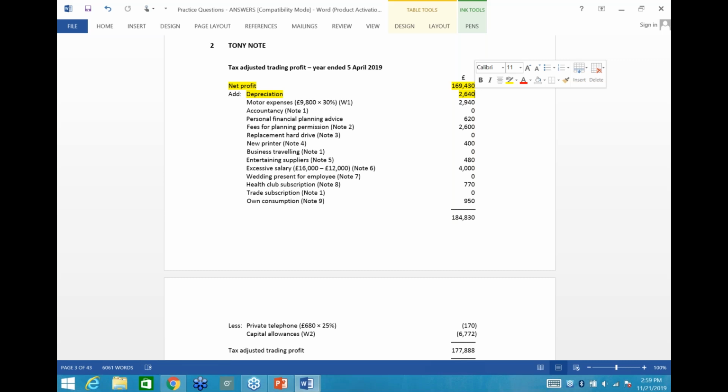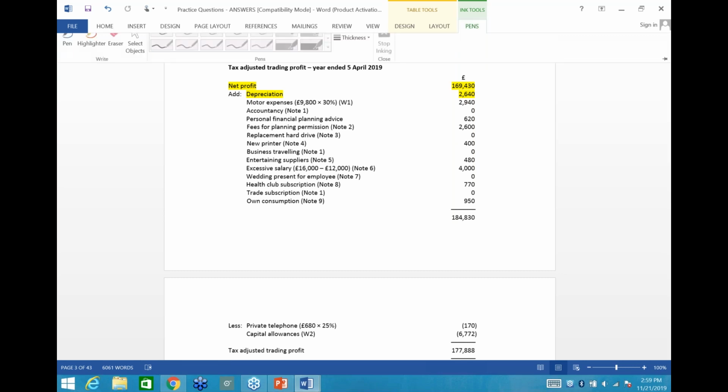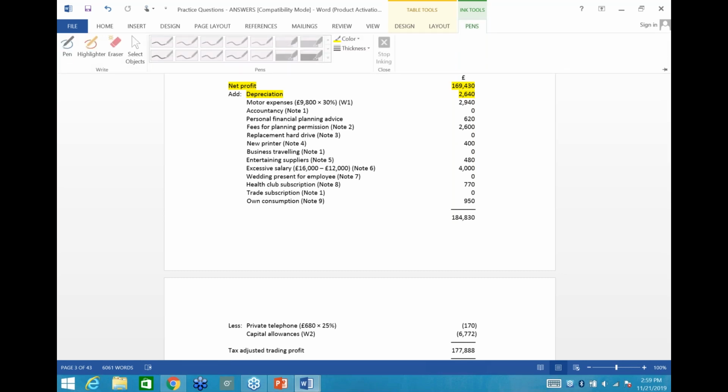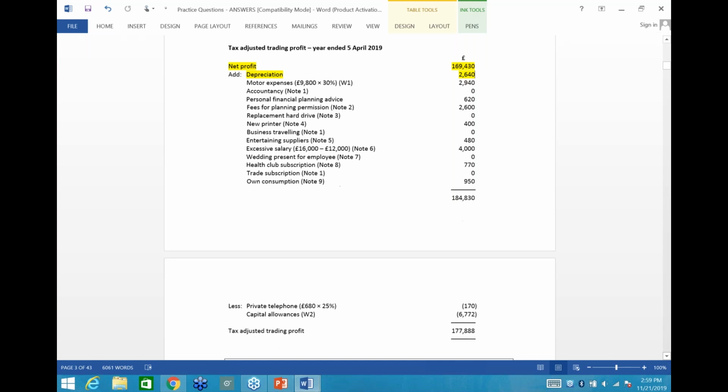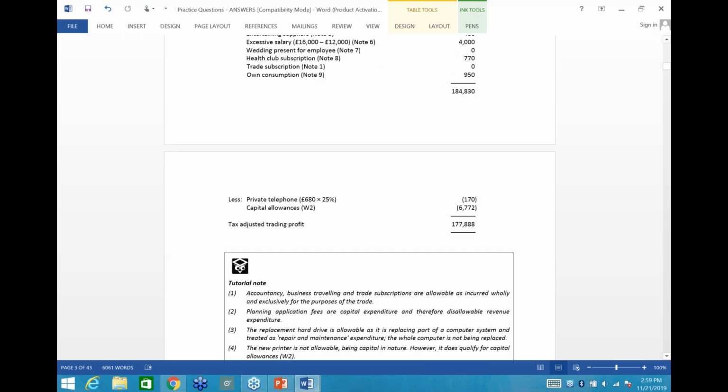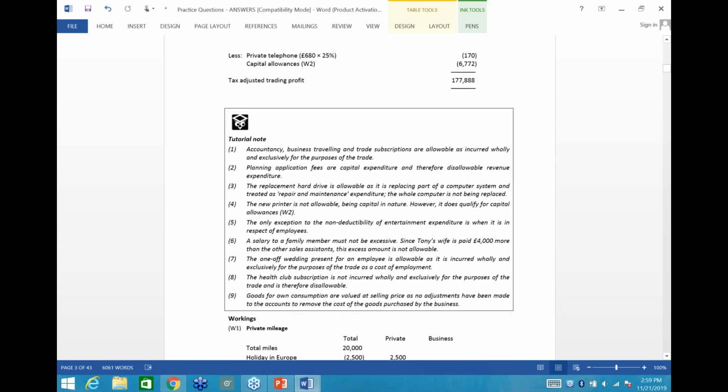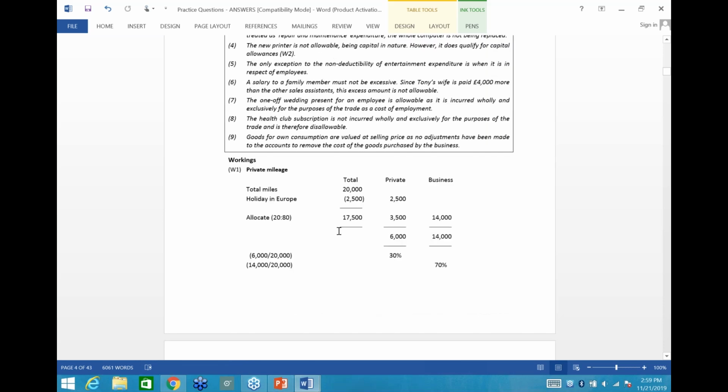But from that, 2,500 he has done for his private purposes when he went to Europe on a holiday. Therefore, from this 20,000, 2,500 is for private purposes.